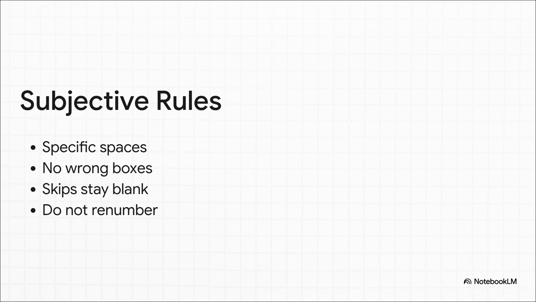Second, and this is major, do not write the answer to a question in a box meant for a totally different question. The computer will literally only look for question 2's answer in question 2's box. Third, if you decide to skip a question, just leave those specific boxes entirely blank. Don't write NA, don't draw a line through it, just leave it completely empty. And finally, do not renumber the questions yourself. The numbering is fixed for the scanner, so leave it be.